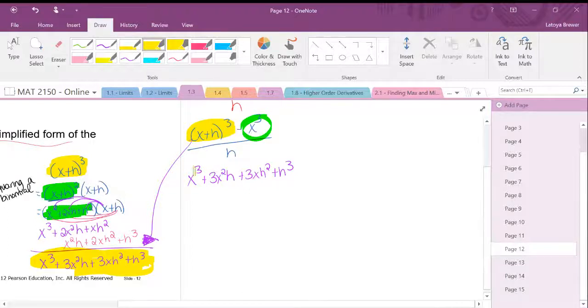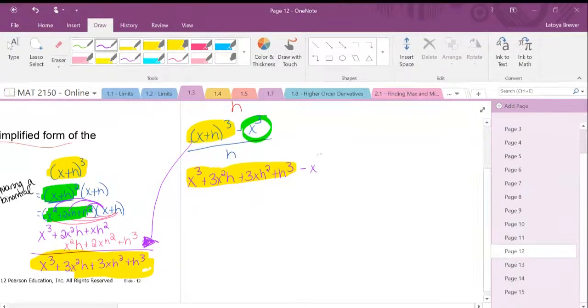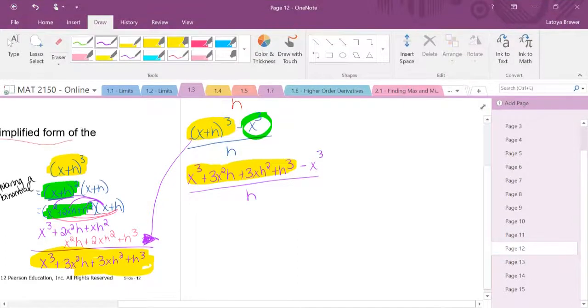I will highlight that again so you understand that that is all the same thing. It's just written in a different form. All right. And I'm going to bring my x cubed, just drop it down, the minus x cubed, and we're going to divide by h.